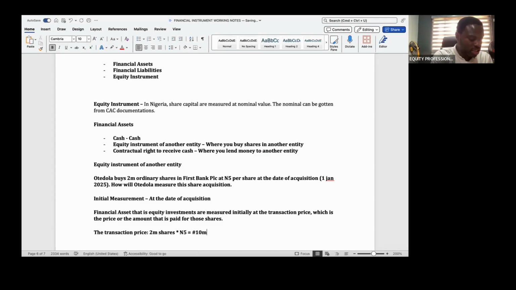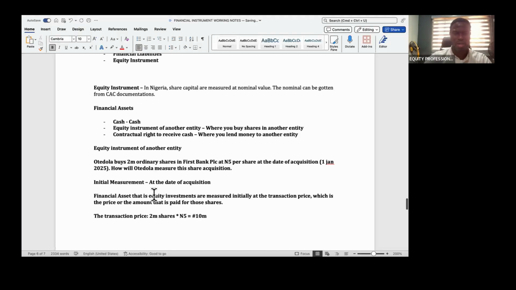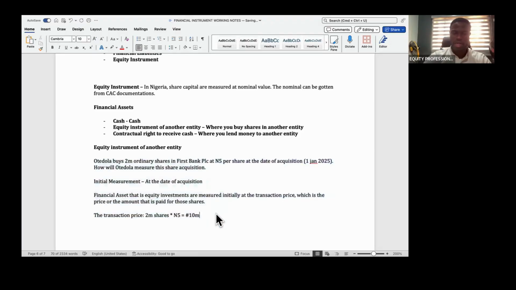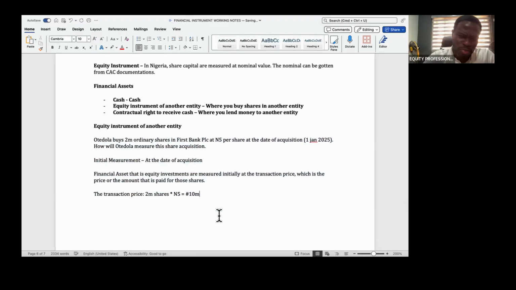And that is what we mean by transaction price, which is quite logical. Recognizing the equity investment at the price you bought it. That's the transaction price.